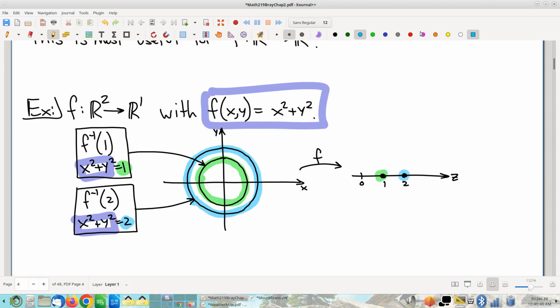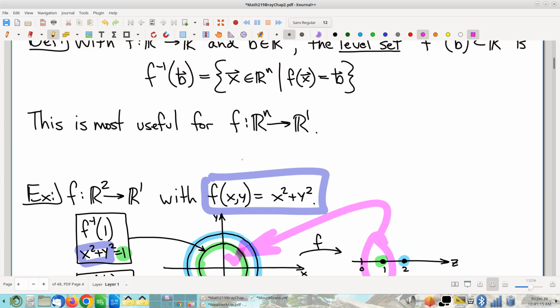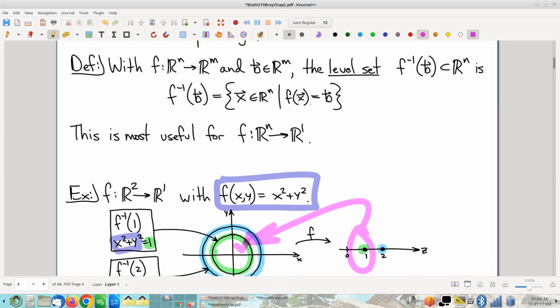Said differently, for each one of these outputs, I'm looking at the corresponding inputs. You might say level sets take output values and produce sets of input values. The act of drawing a level set of what I'm describing here kind of goes backwards through the function in a way.